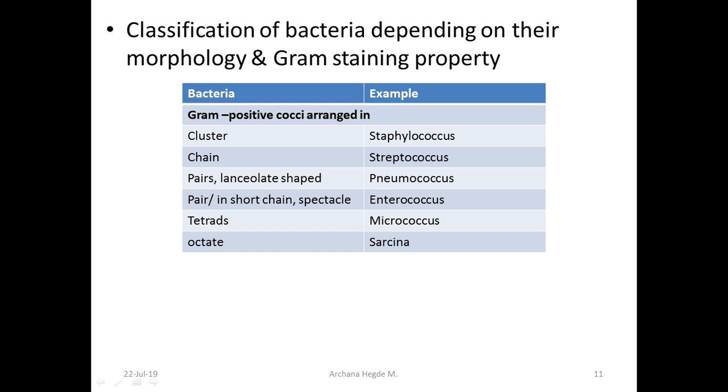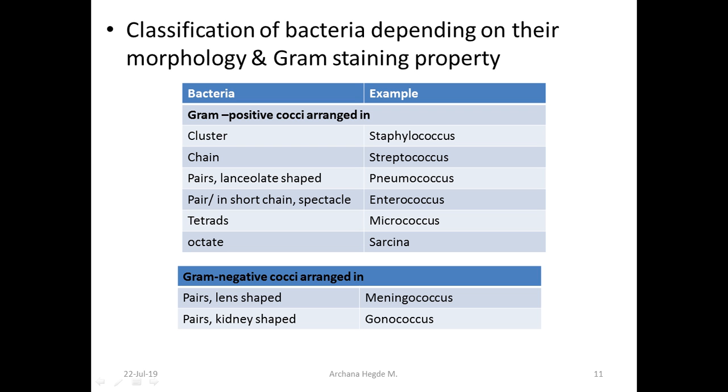Pairs, lanceolate shape, Pneumococcus. Pairs in short chains, Enterococcus. Tetrads, which are in 4, Micrococcus. Octads, which are in 8, Sarcina. Next coming to gram negative cocci arranged in pairs, lens shaped, Meningococcus. Pairs arranged like kidney shaped, Gonococcus.